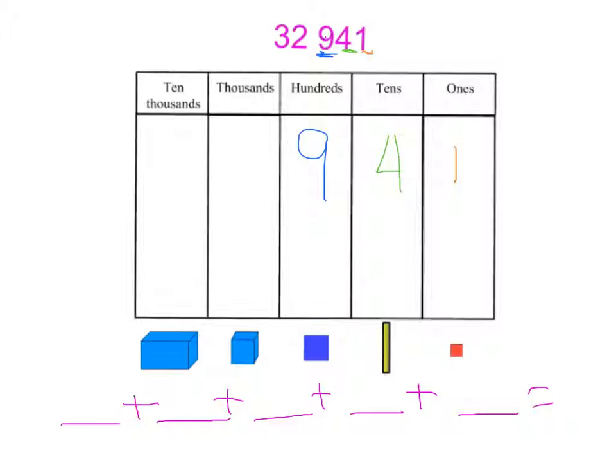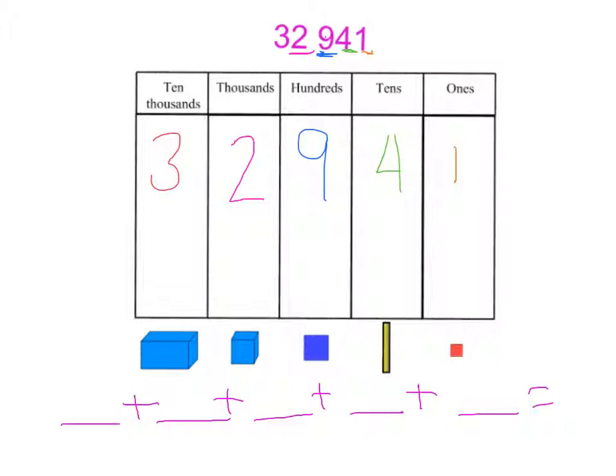How many thousands do I have? That's right, I have 2 thousands. And the last one, how many 10,000s do I have? I have 3 groups of 10,000 in this number.